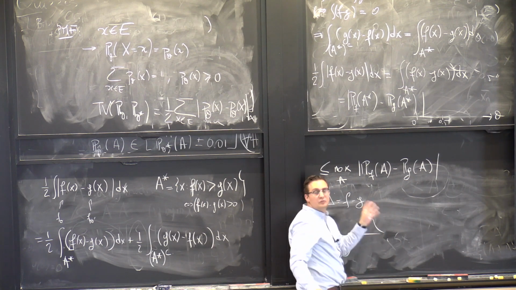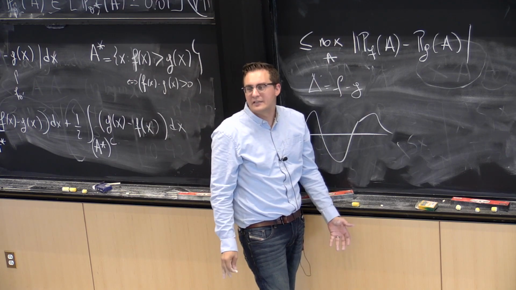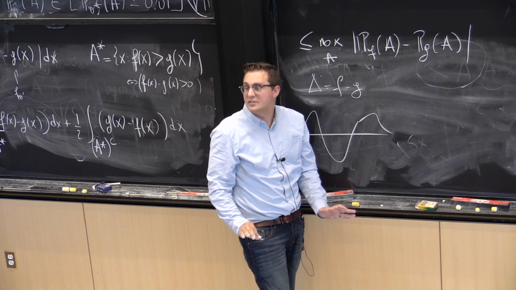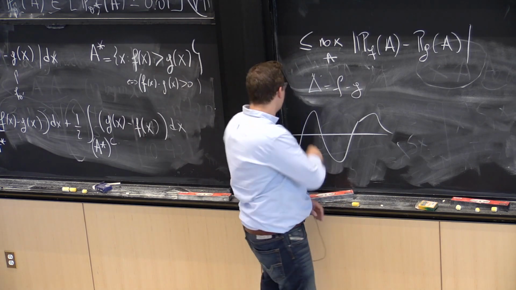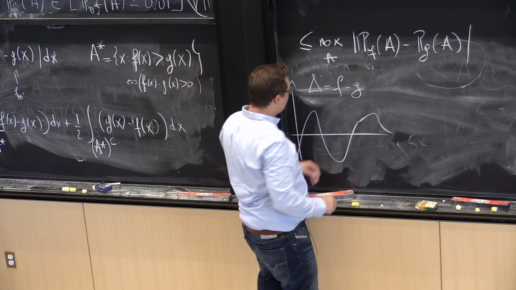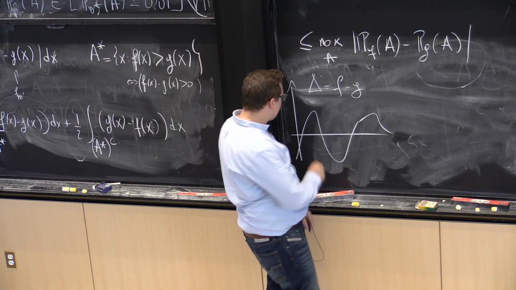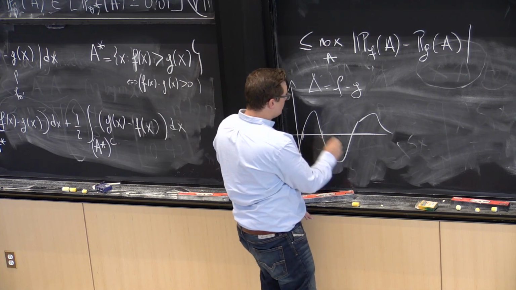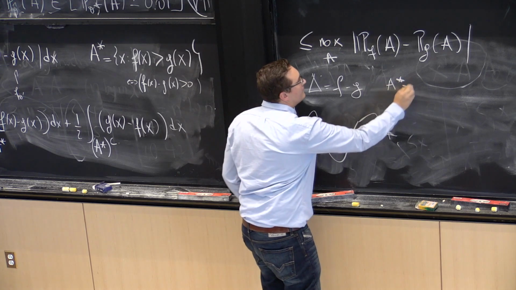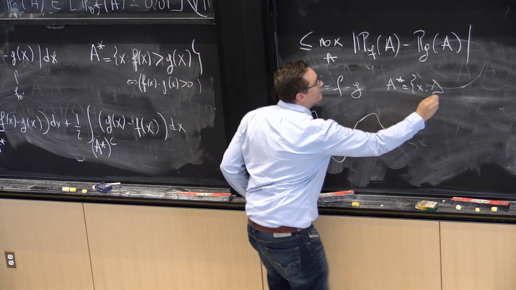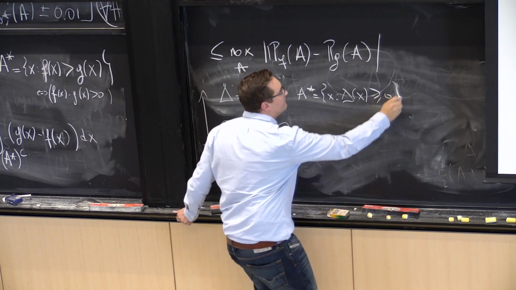Now it's the difference between two densities. It doesn't have to be non-negative, but it certainly has to integrate to 0. Okay? And so now I take this thing. And the A star, what is the set A star here? The set A star is the set over which the function delta is non-negative, right?